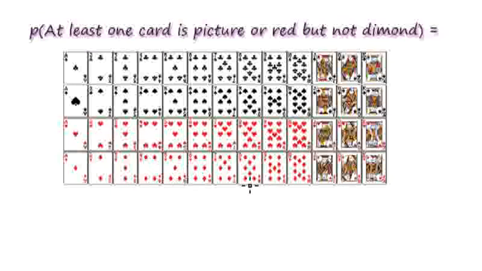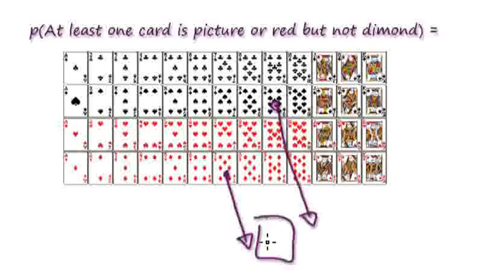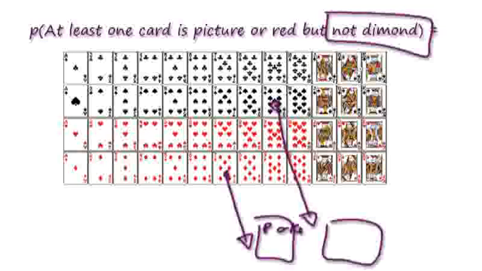So let's say you pick out this one here and this one here. Okay. Well, remember, for our first card we require a picture card or a red. Well, it is a red card. But then the second part is saying we can't have a diamond.